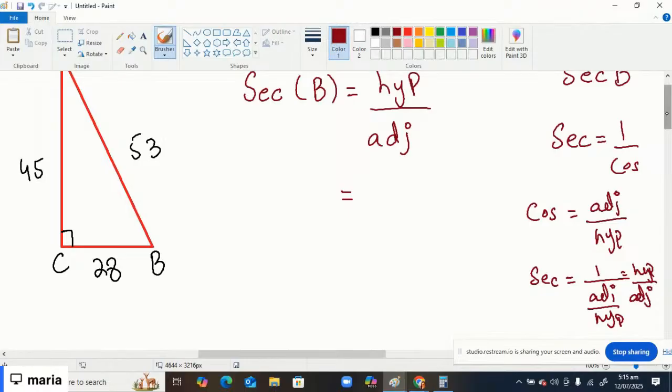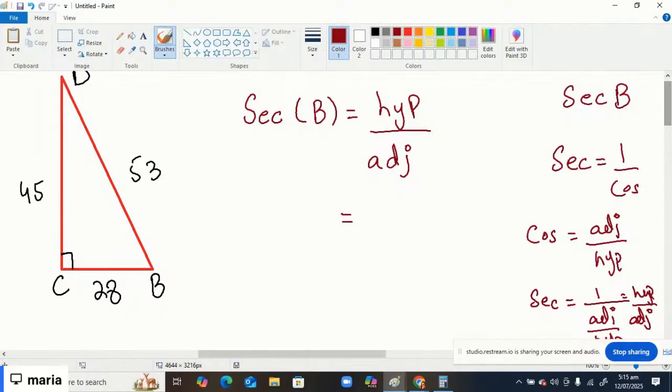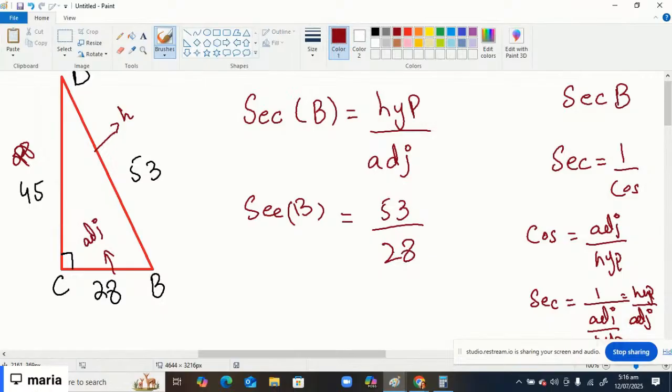All right. Now what is hypotenuse and what is adjacent? This one is your hypotenuse, this one is your adjacent, and this one is your opposite. So secant of B is equal to hypotenuse 53 over adjacent 28.